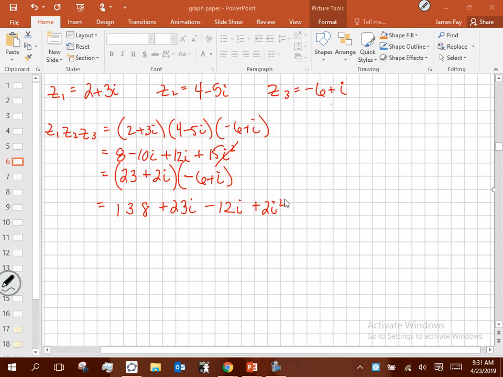The i squared is negative, so now I have 136? Oh, sorry. Yes, this is going to be negative 140. Good call. So negative 140, and then plus 11i. So that's the product of Z1, Z2, and Z3.